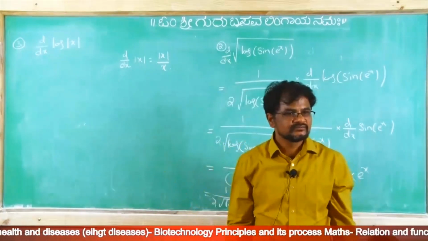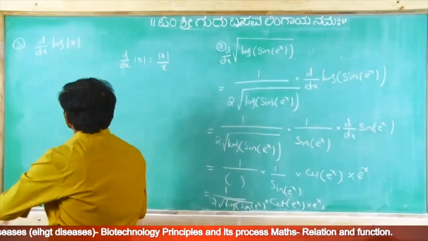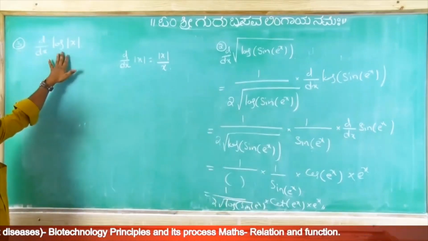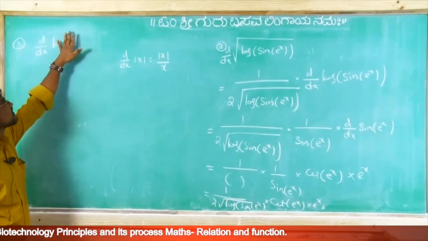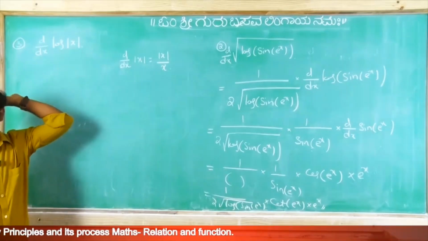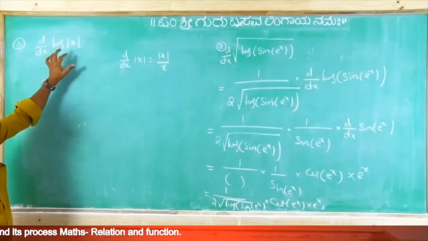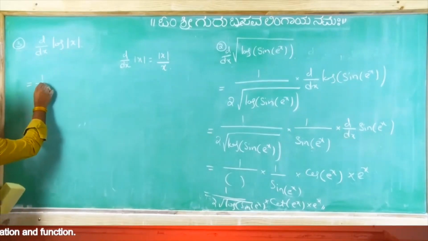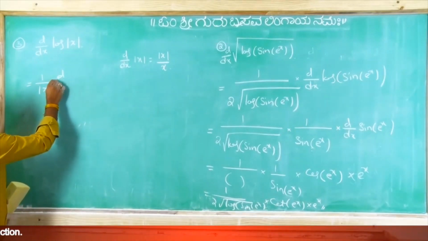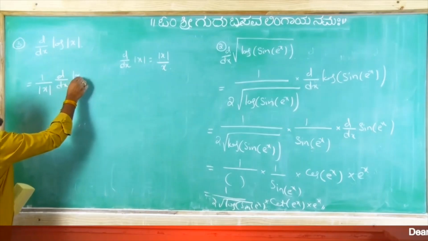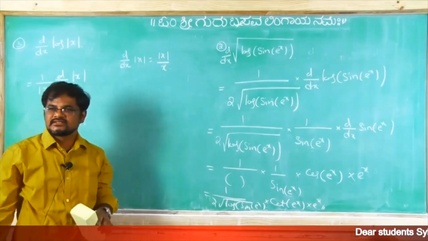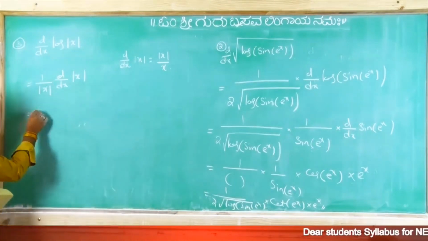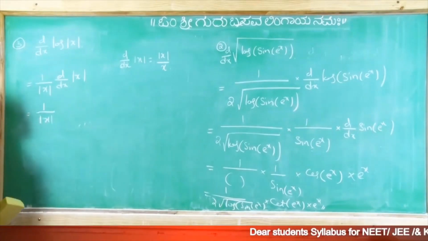How did you get that one? I explained also. Now it is in the form of d by dx of log x formula. In place of x, what are you taking? Mod x. Now differentiation of log x is what? 1 by x, that is equal to 1 by mod x. Again we do the differentiation for mod x, that is equal to 1 by mod x.